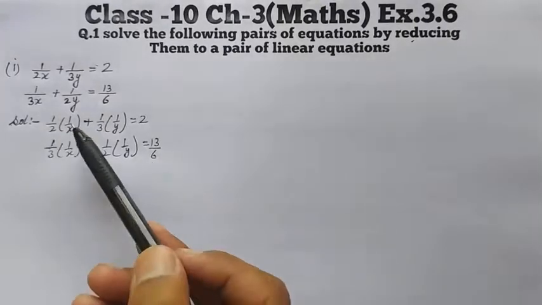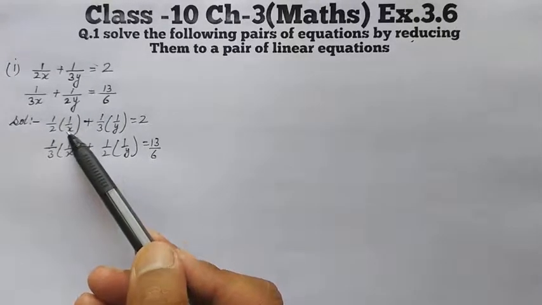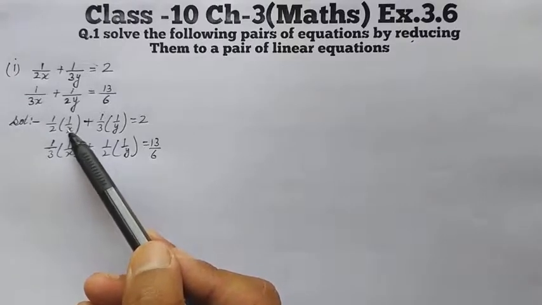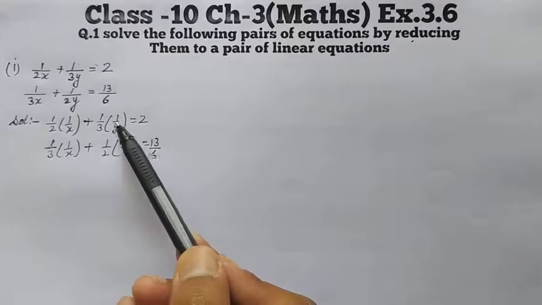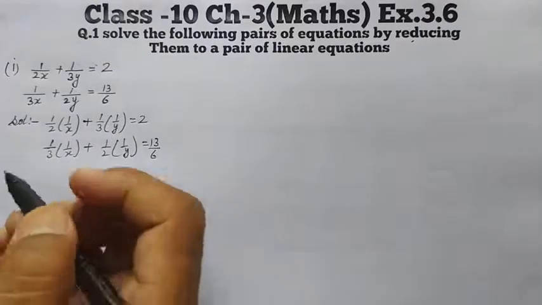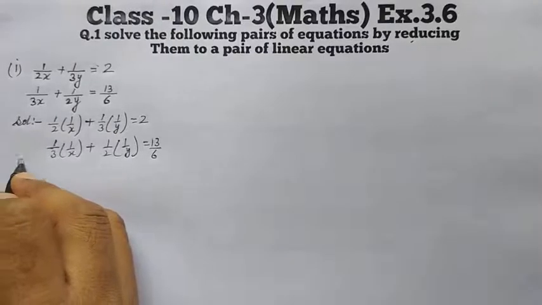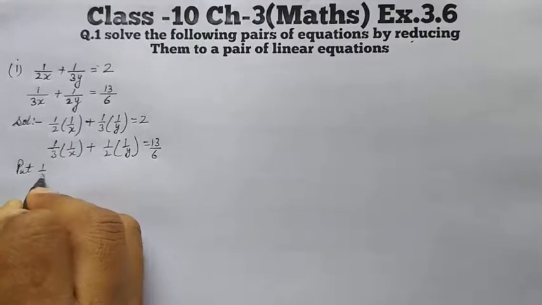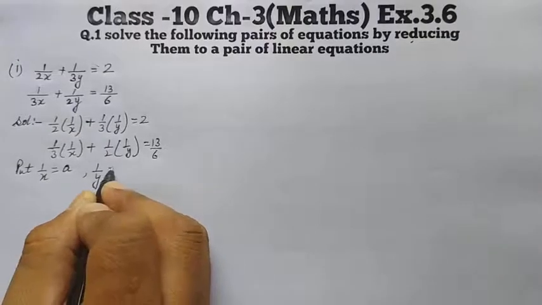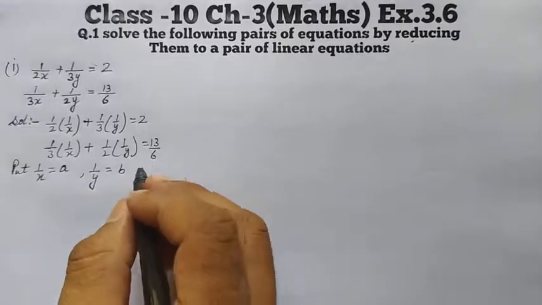Now let's see what we do. We'll put 1 by x as some other variable, suppose this is a, and 1 by y as some other variable, that is b. So put 1 by x as a and 1 by y as b in the above equations.